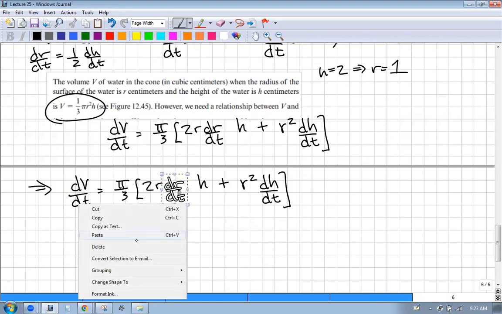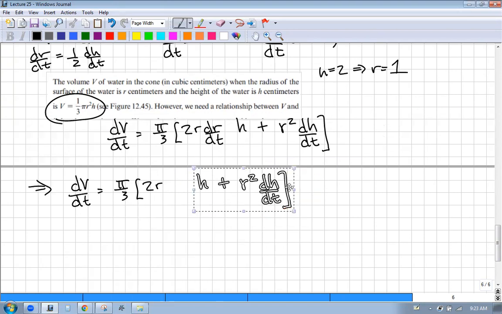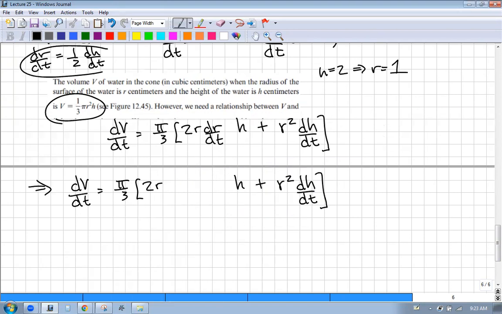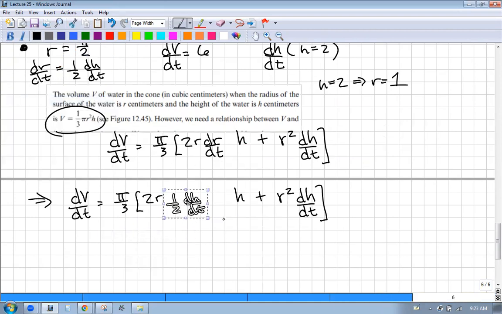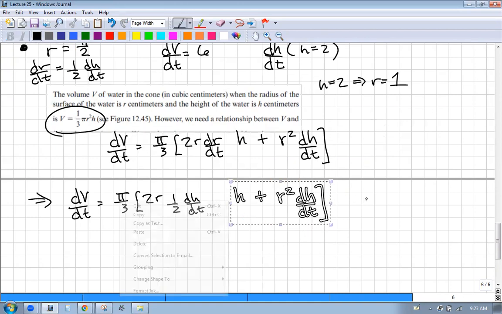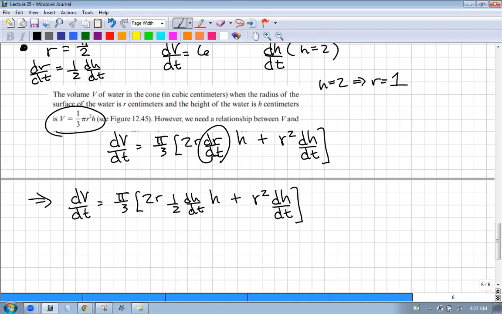This guy needs to be replaced with this, because we don't know what dr/dt is. So if we replace it in there, boop, all I did was replace that with this. So now it's all in terms of things we know.